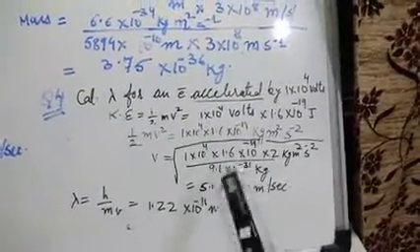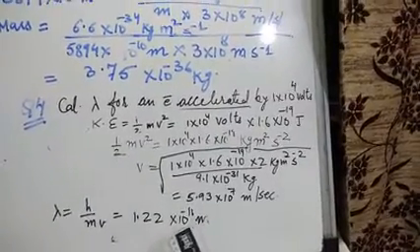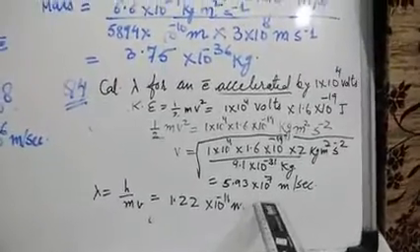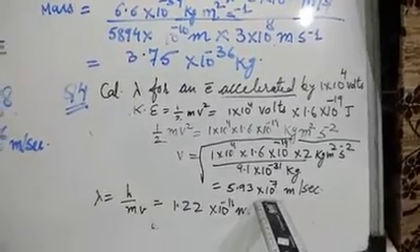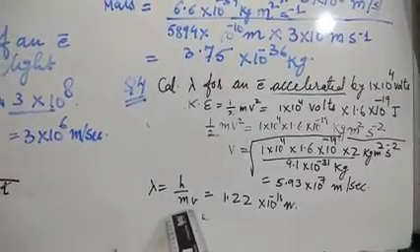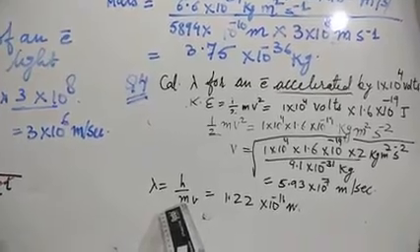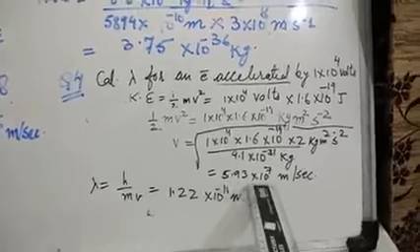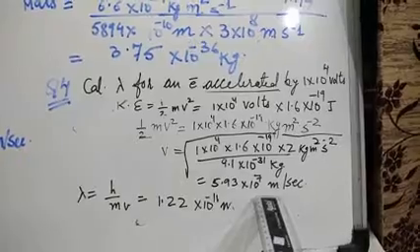Not tough, students. I should not say tough. They are slightly lengthy and time consuming, but you have to do it because here you are just calculating v, and now you have to put that v in the relation of de Broglie, that is lambda is equal to h upon mv. h value you are knowing, m value you are knowing, 9.1 into 10 to the power minus 31, and v you have to keep this value, students, that you have calculated by kinetic energy relation.